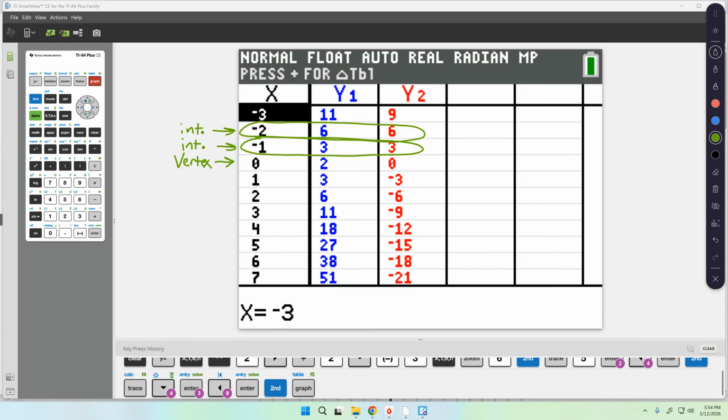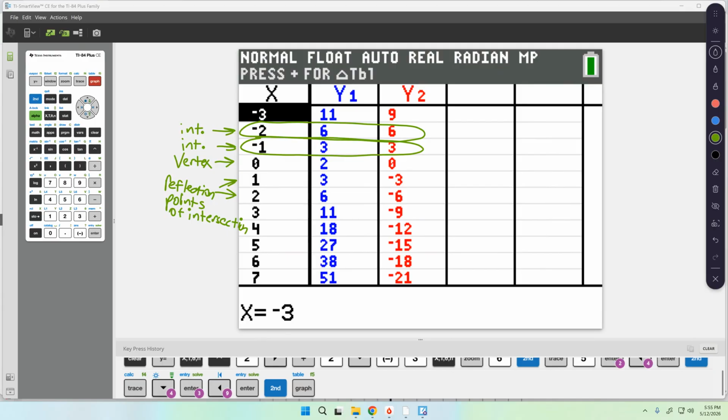To make a nice picture, we want 2 more points on the other side of our vertex. So we might as well use the reflection points of our points of intersection. Okay, and those will be the 5 points we use to create our graph. Our 2 points of intersection, the vertex, and those 2 symmetrical points.